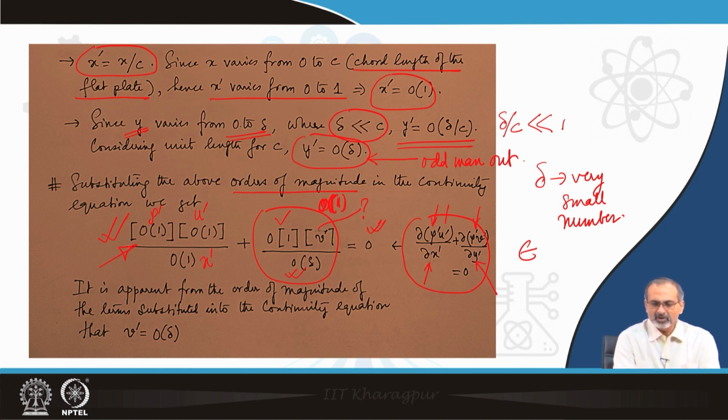It is apparent from the order of magnitude of the terms that v dash has to be of order delta, so that finally this collection of terms becomes order 1. That means, v dash is very, very small within the boundary layer, unlike u dash, which is of order 1.